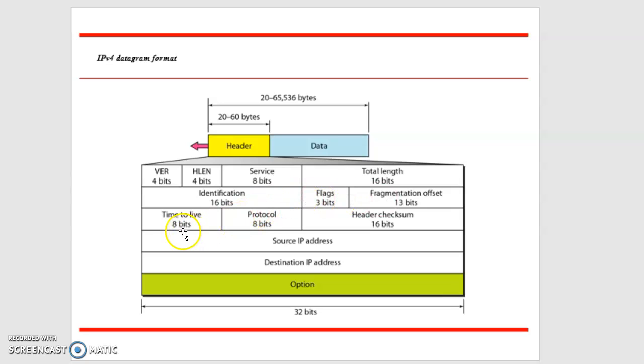datagram. We'll discuss the next field, which is time to live. Time to live defines the number of hops a datagram can travel before it is discarded. I have told you earlier, when a packet moves from one network to another, first it moves to a router which connects your network to the outside world, then it moves to different routers which come in between, then finally reaches the router of the destination. So each and every datagram has a time to live, that is how many hops it can take maximum before it is discarded.